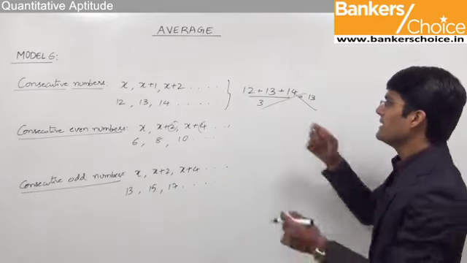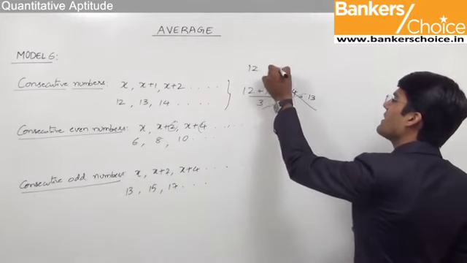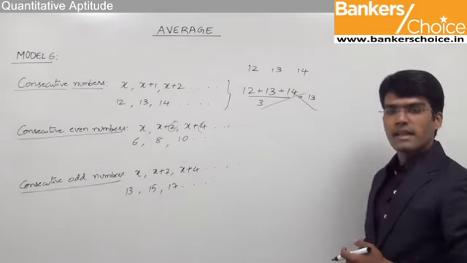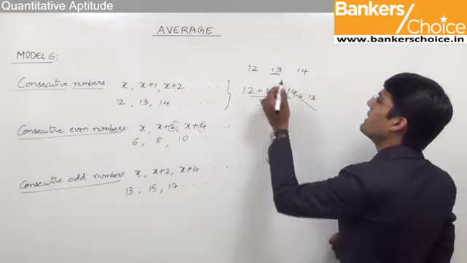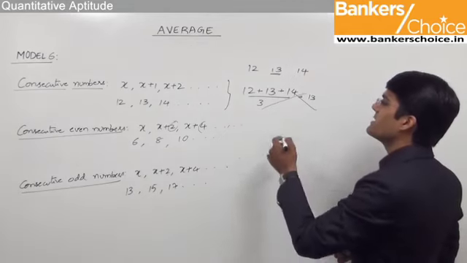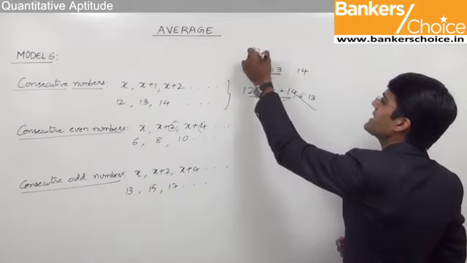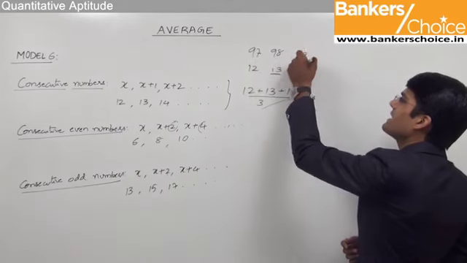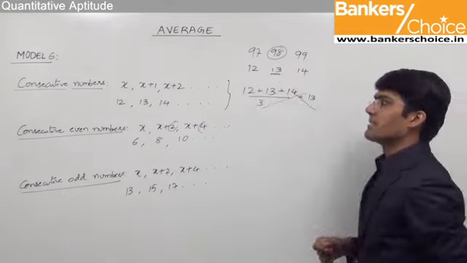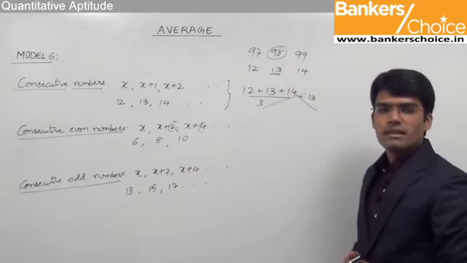For example, in this case, the three numbers which we had were 12, 13 and 14. So without doing this calculation, I can directly say that the average should be the middle number, that is 13. Similarly, suppose we have consecutive numbers like 97, 98 and 99. The average of these three numbers should always be the middle number, since they are consecutive in nature.